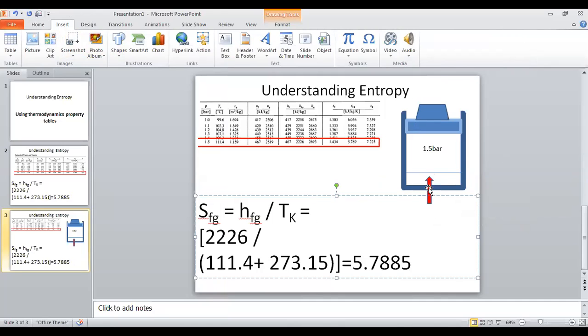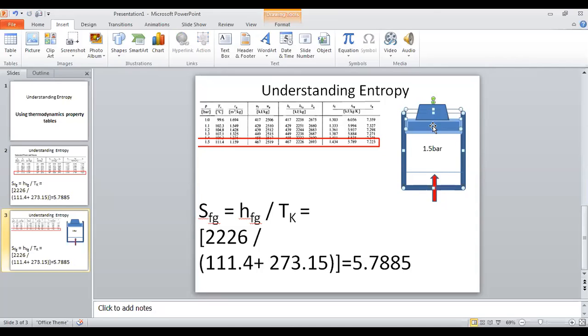You are adding heat. So let's say, initially you have zero amount of vapor: initially 100% water, and finally 100% vapor. So that's how the situation is.